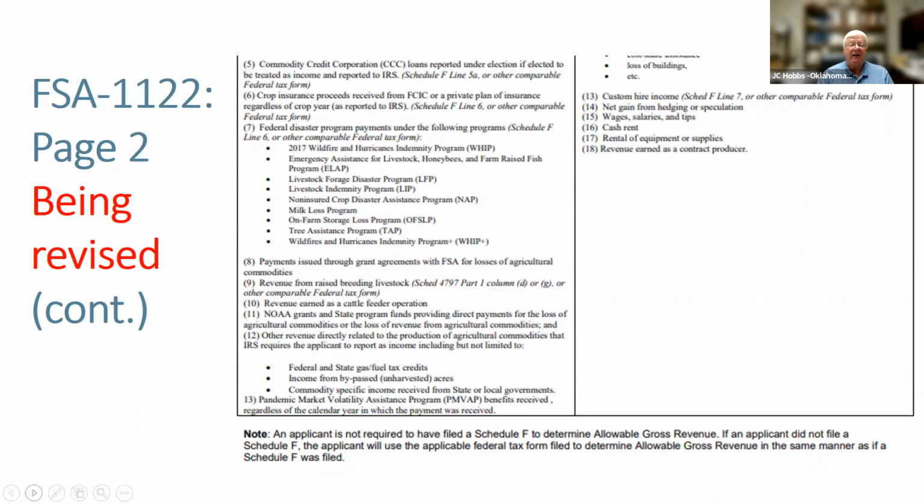If you receive it, USDA will take that out for you. You don't have to make that adjustment. So be sure to note what has been removed when you make the application. Again, this is being revised to help explain those types of items in greater detail.